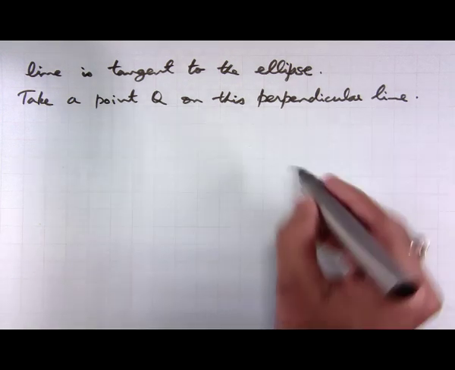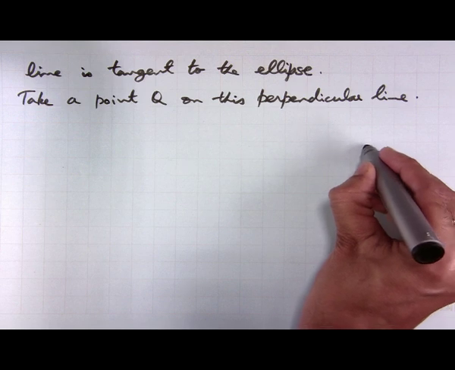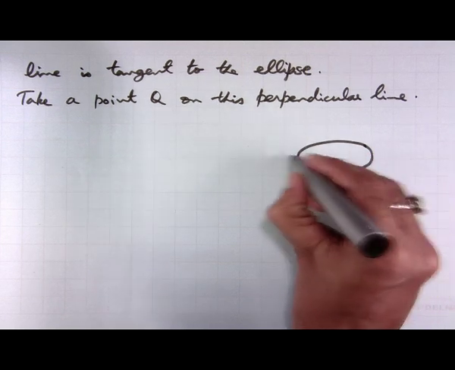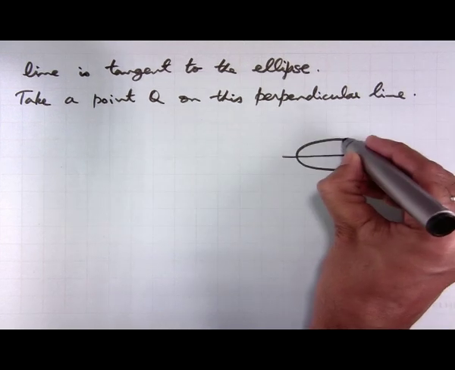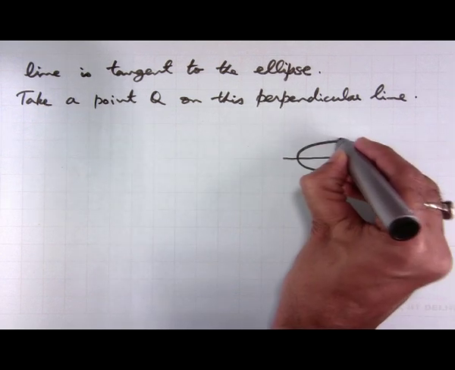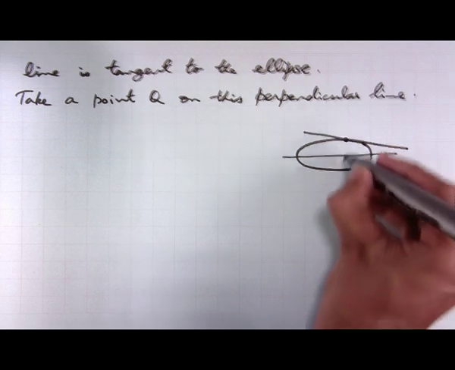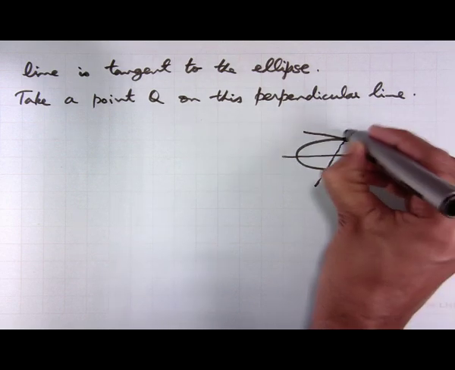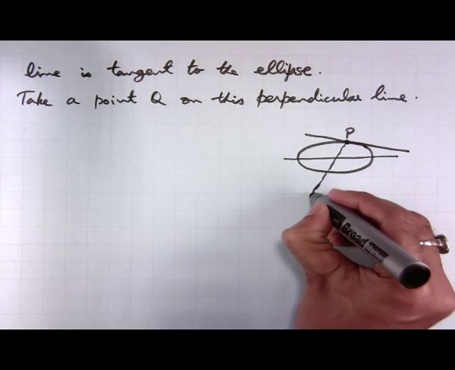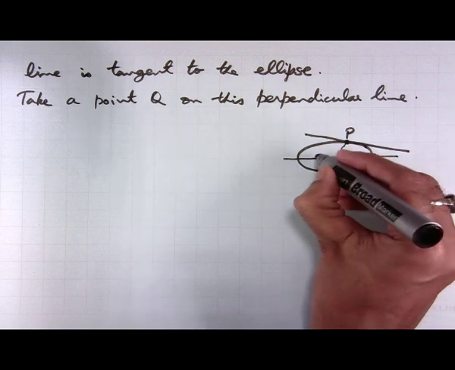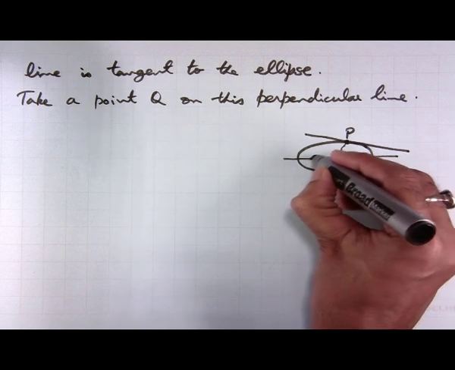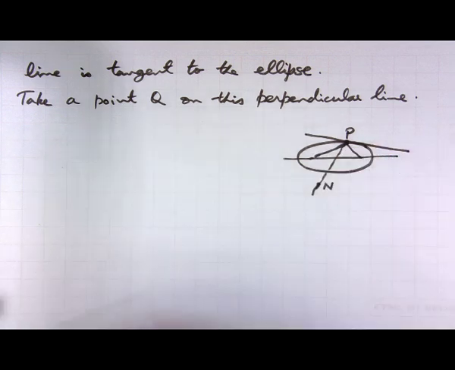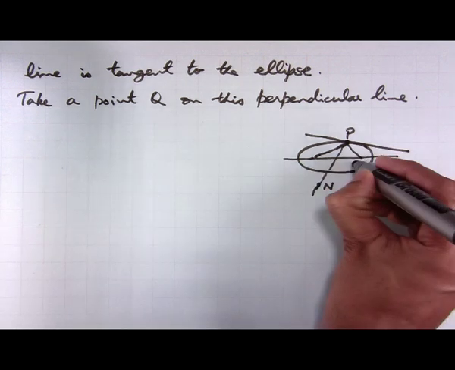Let me draw the picture again. This is the point P, this is N. This is F1 and F2.